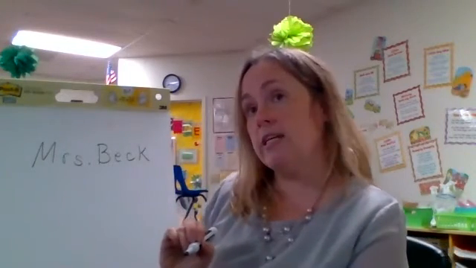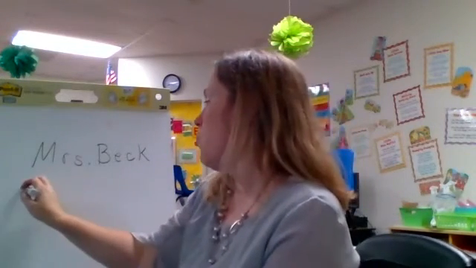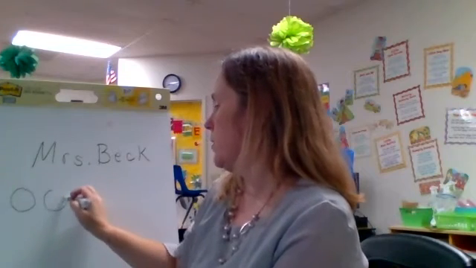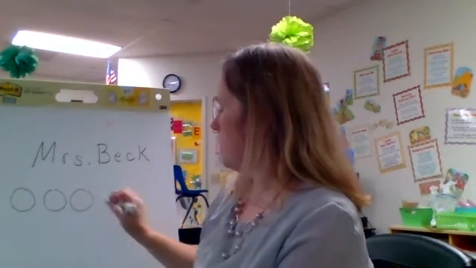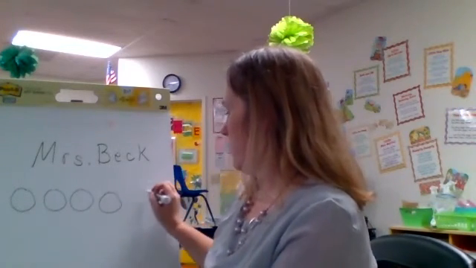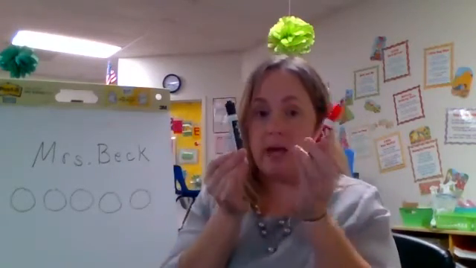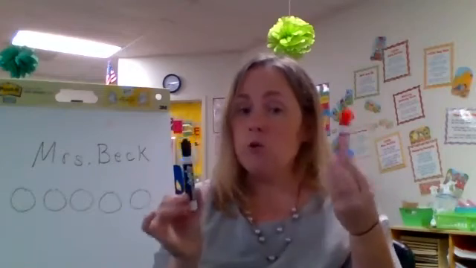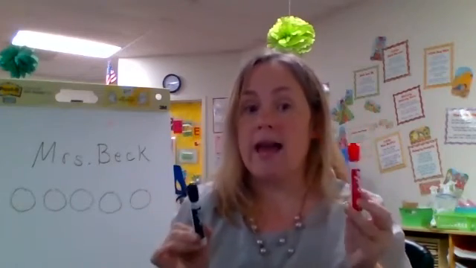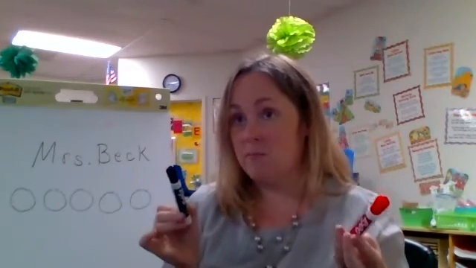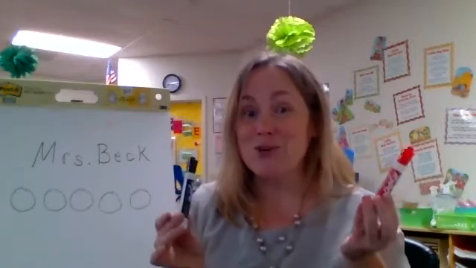So you will first need to draw 5 counters. 1, 2, 3, 4, 5. And you will need 2 different colors. It's up to you what 2 colors you choose. Ms. Beck had black and red. And I want you to show me one way that you can make 5. Now, if you want to show me a bunch of ways to make 5, that's fine.